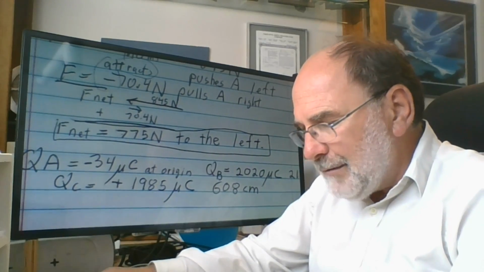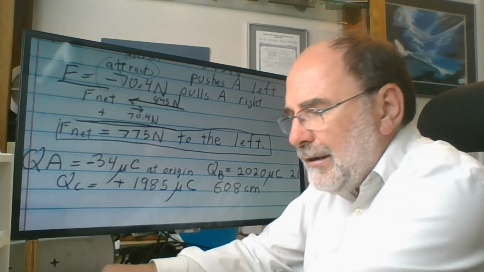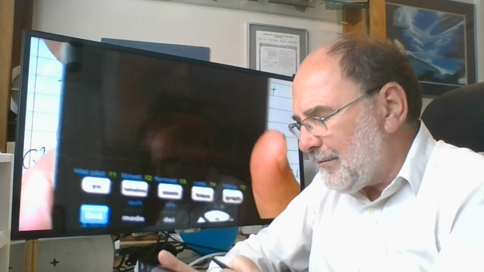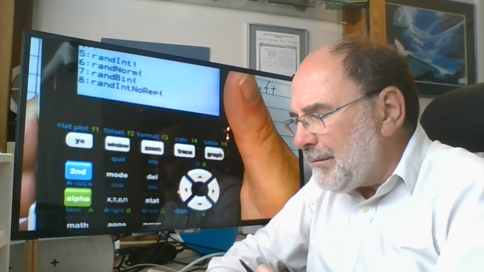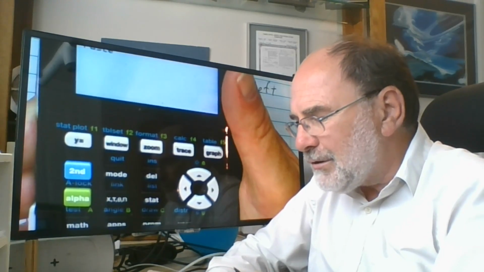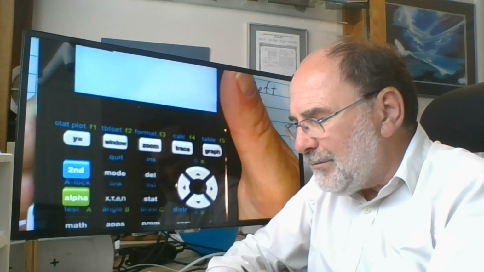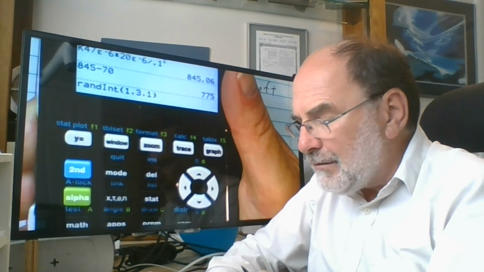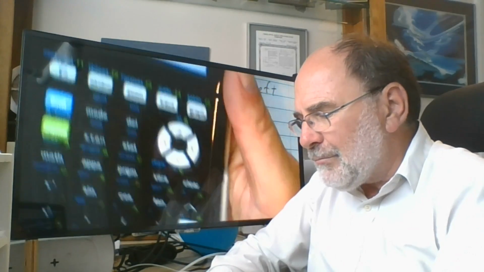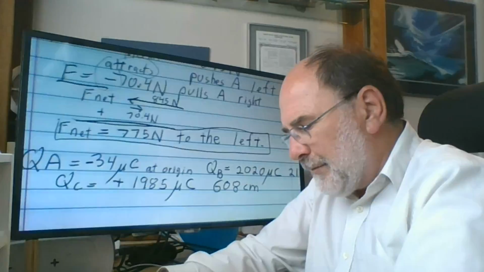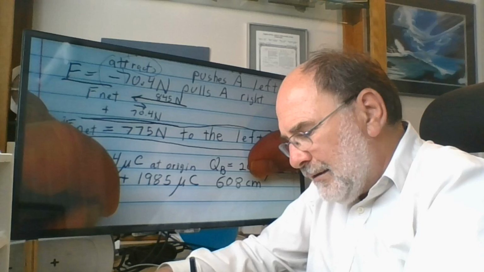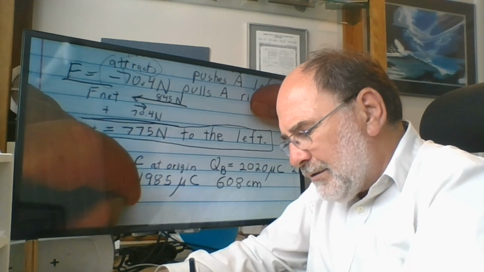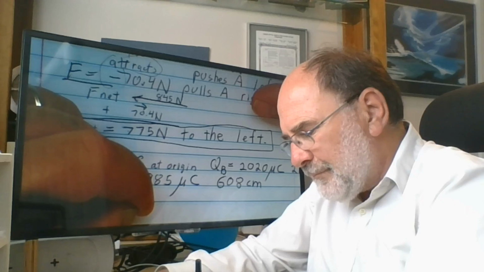And now I need a random number from 1 to 3, with 1 being the left charge, and the answer is the rightmost charge. So calculate, please. What is the net force acting on charge C?